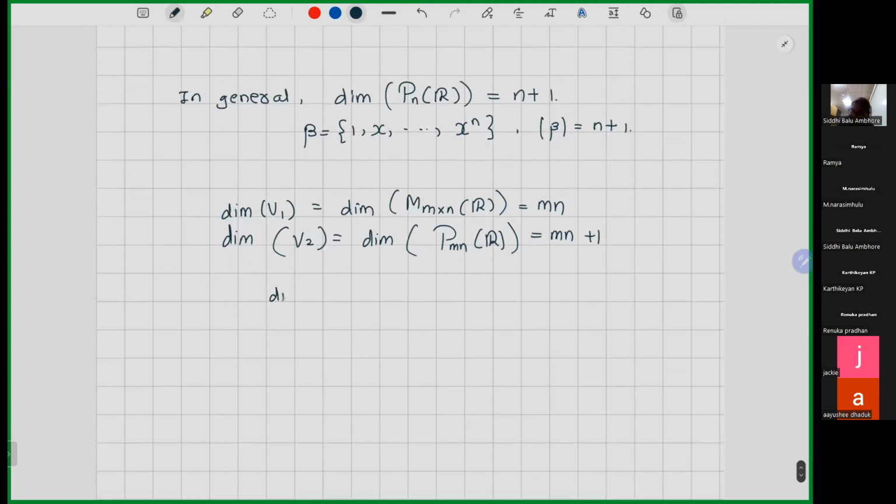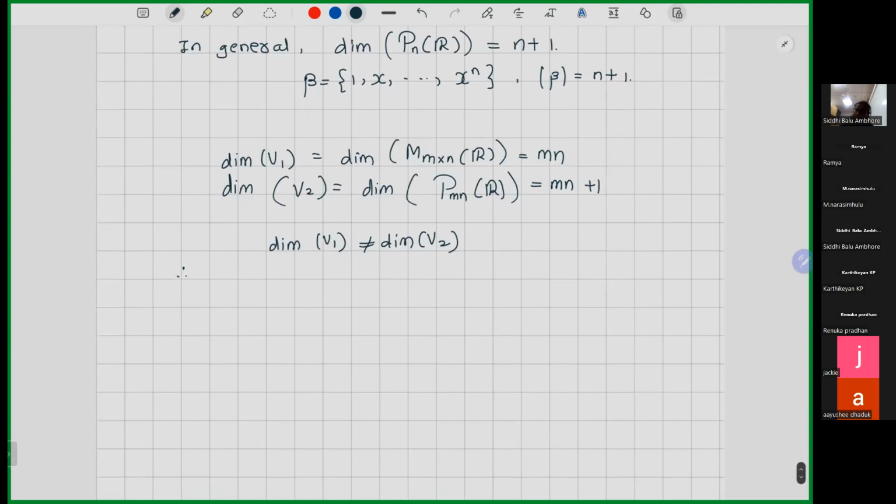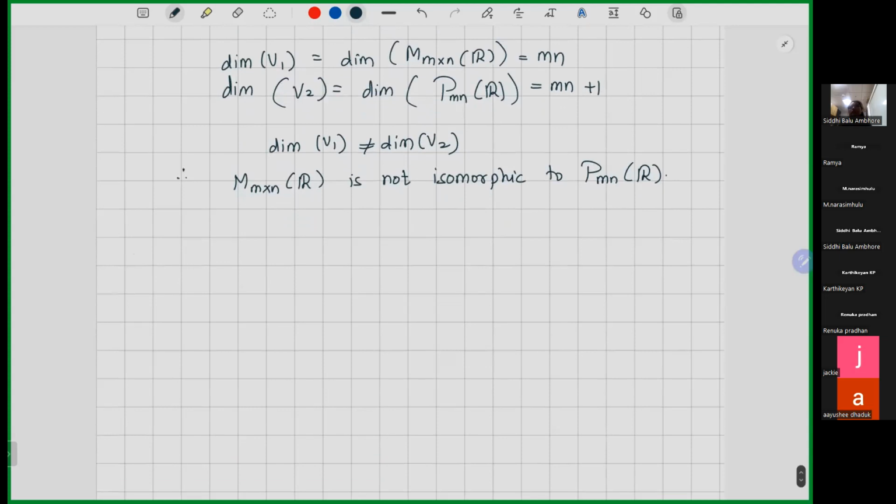So the dimension of V1 is not equal to the dimension of V2, and therefore, by the proposition which I just mentioned earlier, the matrices of order M cross N are not isomorphic to P mn R. There does not exist any linear transformation which is bijective or invertible from M cross N R to P mn R. This is a polynomial of degree mn, and here they are M cross N matrices.